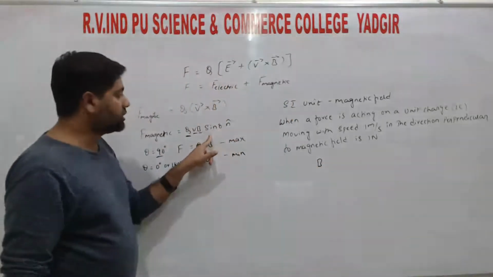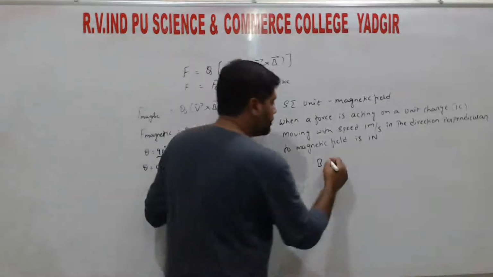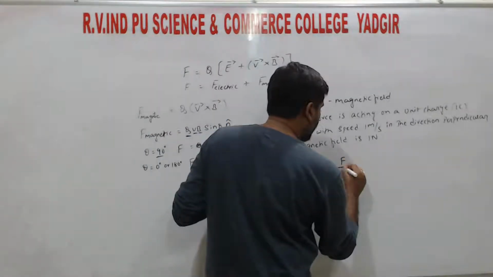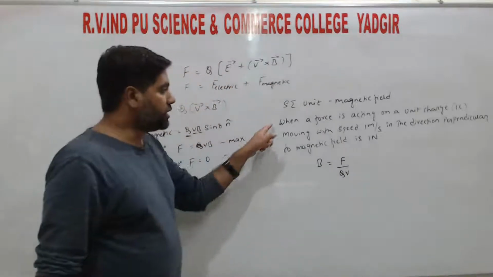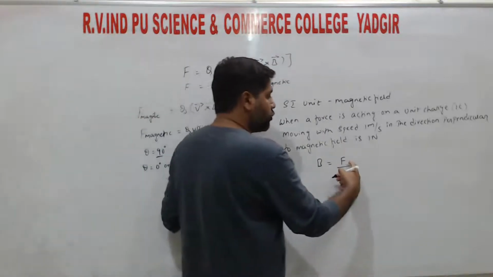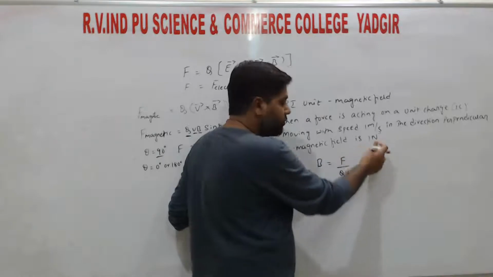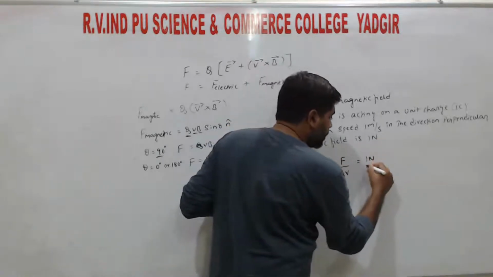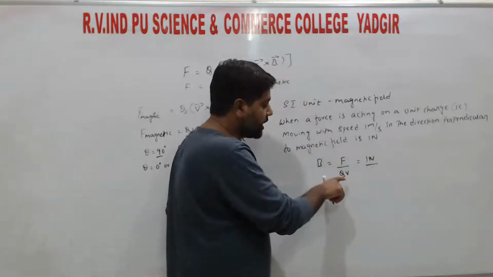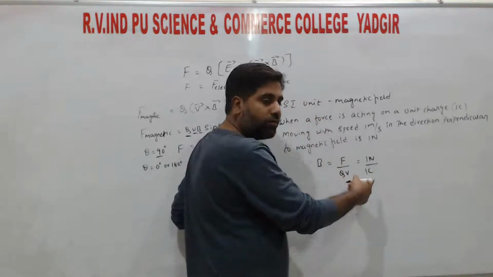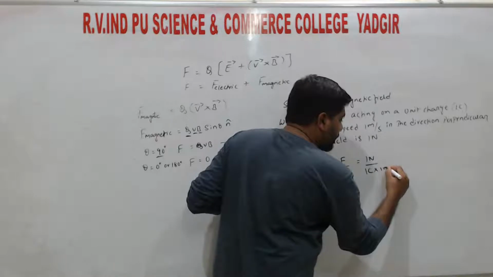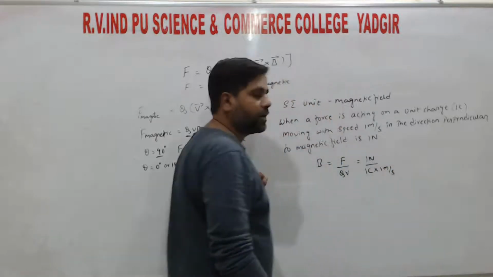Rearranging this equation, B equals F divided by QV, right? From this definition, the force acting on the charge is 1 Newton. So 1 Newton divided by the charge, which is 1 coulomb, moving with a speed of 1 meter per second, right?